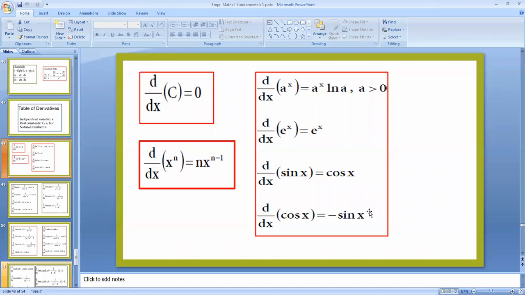Okay. So take i as common. So what is there in the bracket? There will be i times e raised to ix. Yes, what is next? Minus e raised to minus ix.